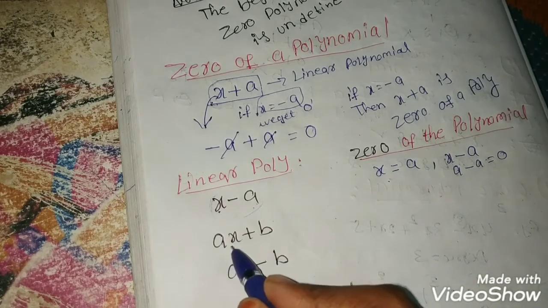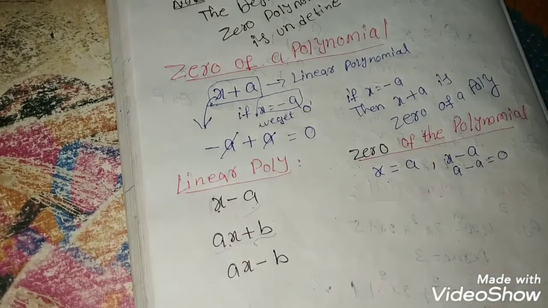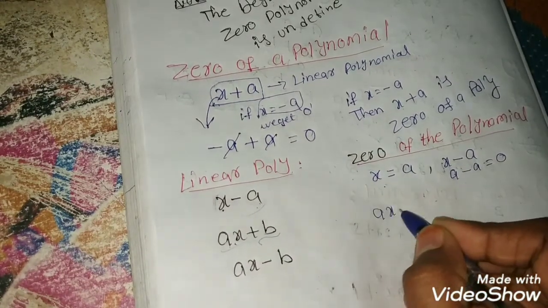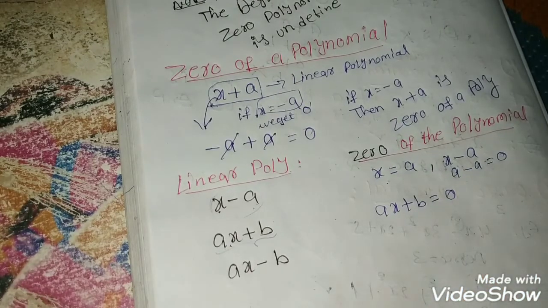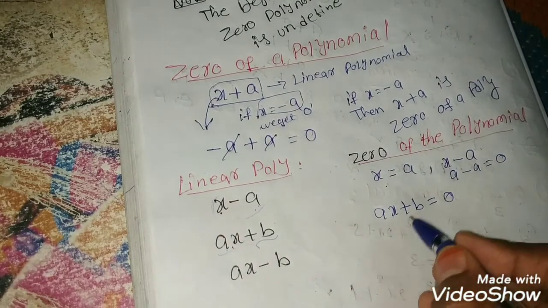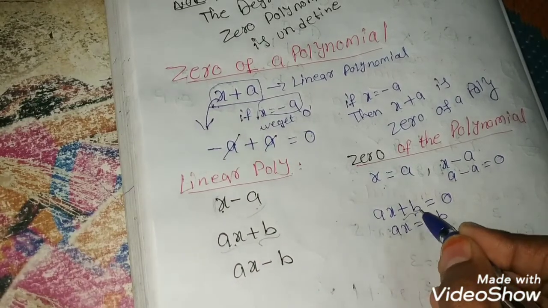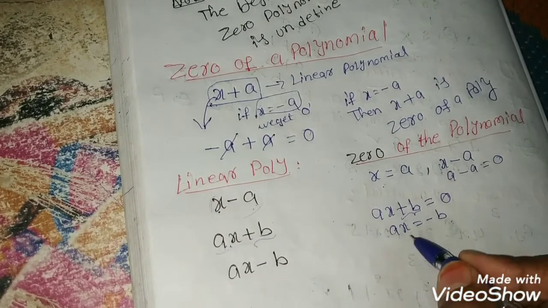Next check here. If you get 0 here, what is the x value? ax plus b is equal to 0. This is the formation. ax plus b is equal to 0, so ax is equal to minus b. If we send b to the right side, we get minus. What do we need?